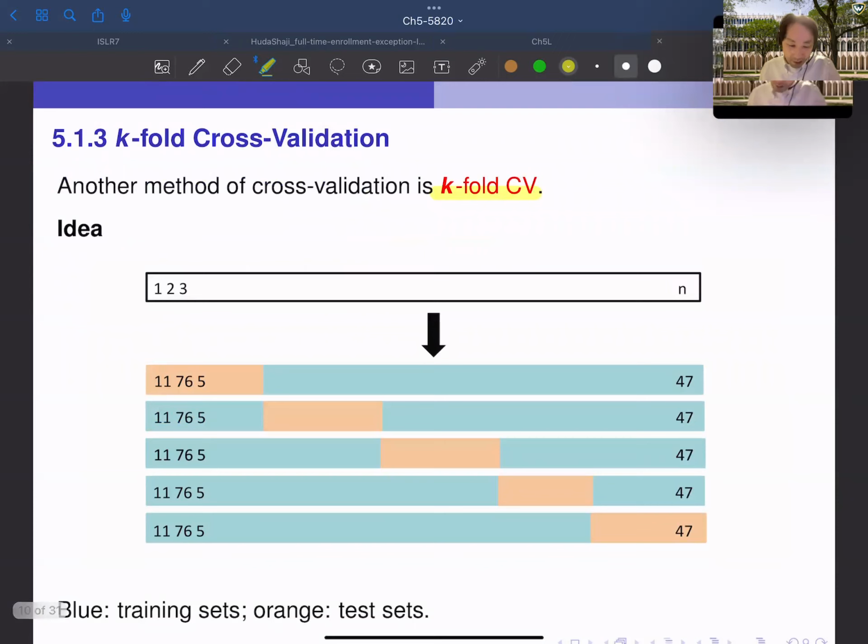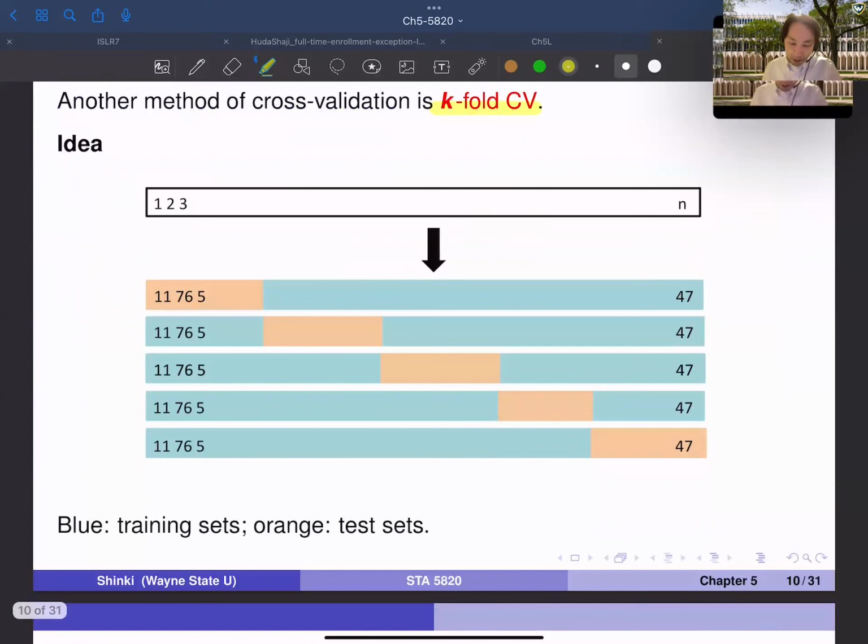And k-fold cross-validation is much faster than leave-one-out cross-validation. Slightly less accurate, but still comparable accuracy. So the idea is here. We fit the model only 5 times, not 392 times.